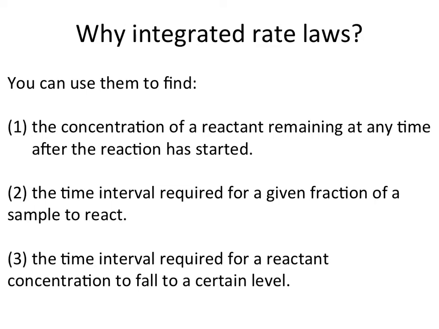So for first order integrated rate laws, we can use them to find quite a bit of information. Remember, your integrated first order rate law looks like the following, and we have a whole lot more variables in this type of equation. We can utilize this equation to find the concentration of a reactant at any time after the reaction has started.